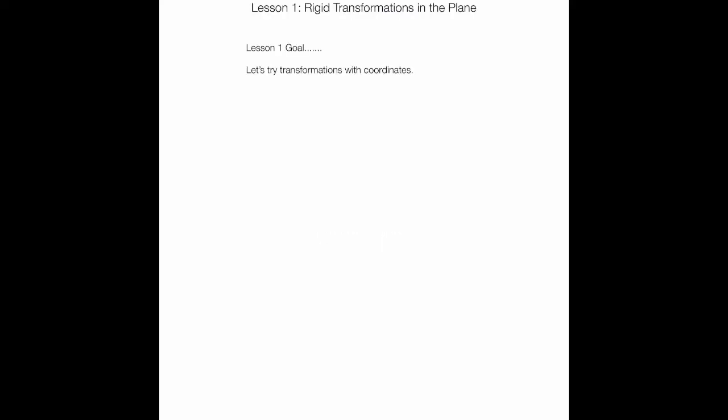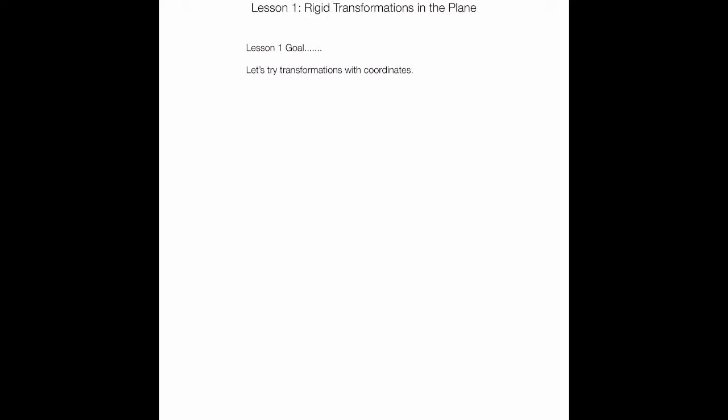All right, so lesson 1 is called Rigid Transformations in the Plane. And the goal for this lesson is let's try transformations with coordinates. Now, there are some words here that are very familiar that we talked about at the beginning of the school year, and that is rigid transformations.